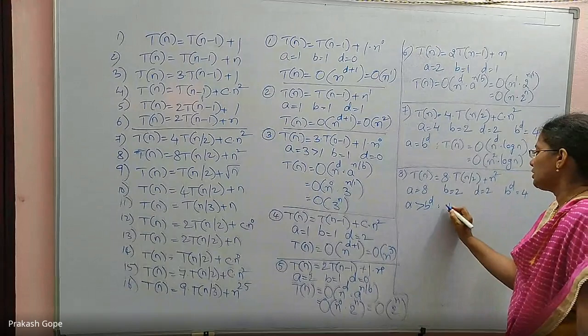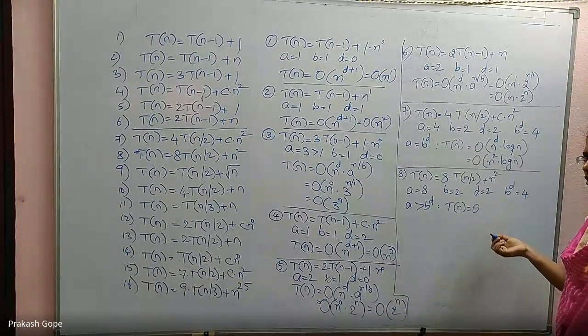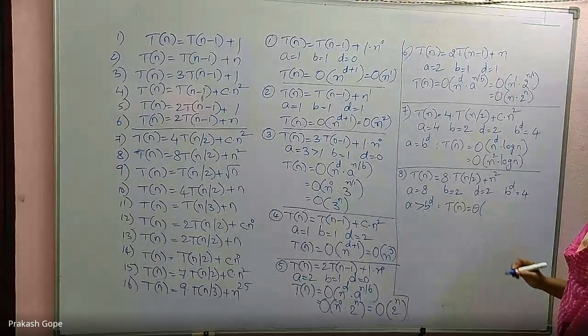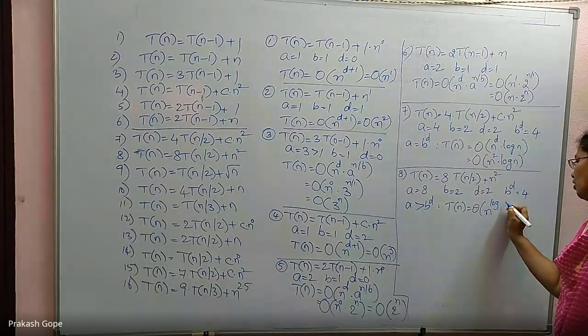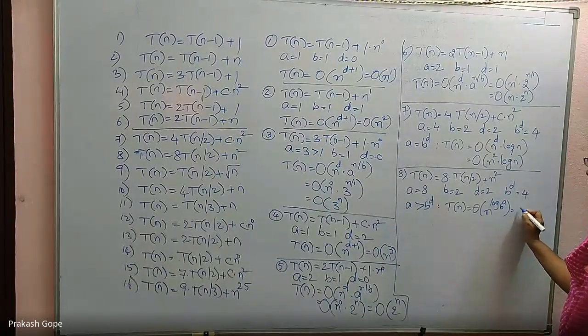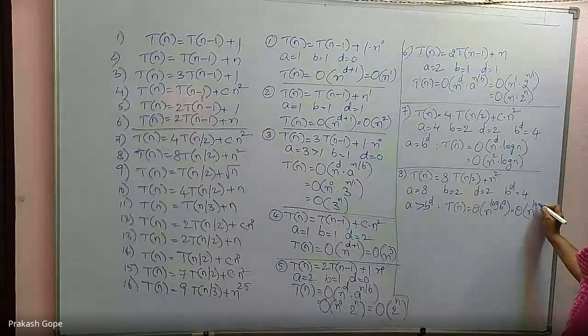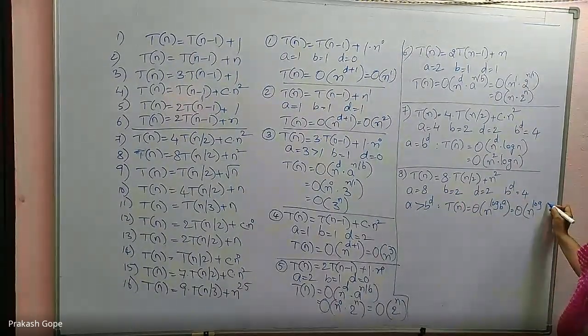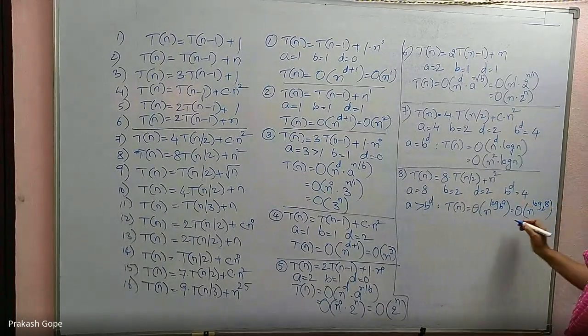If A is greater than B power D, what is the T of n formula? Theta or big O of n power log A to the base B. Okay, theta of n power log A to the base B. A is 8, B is 2.